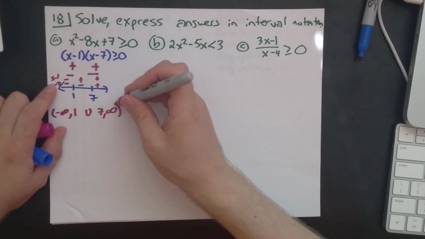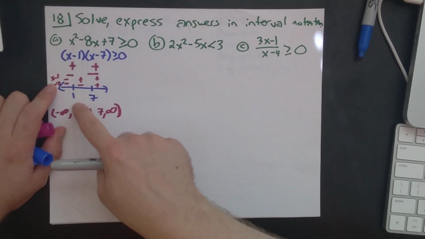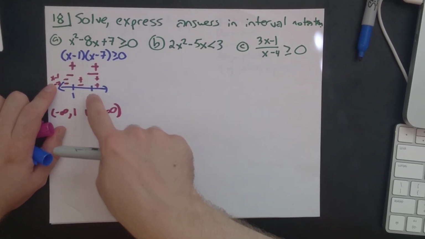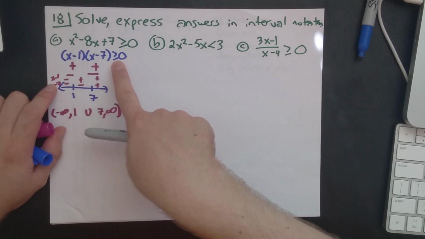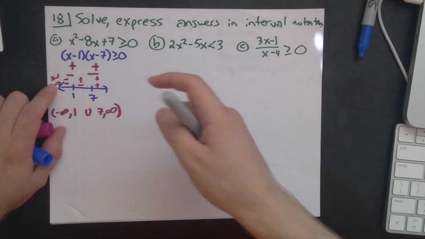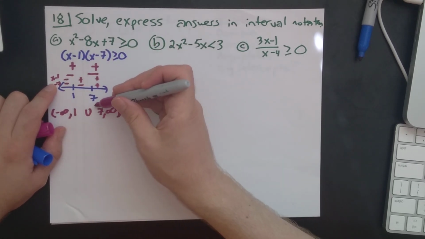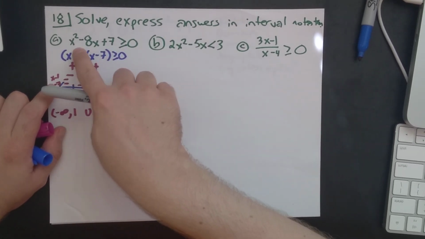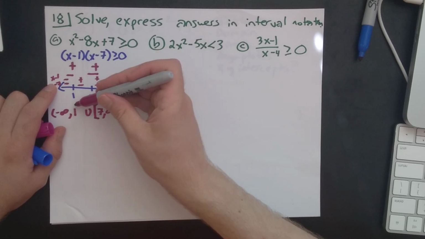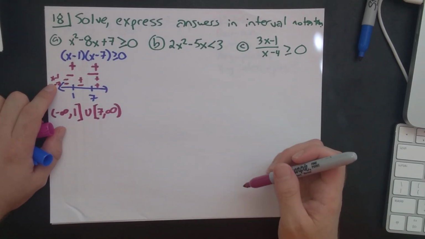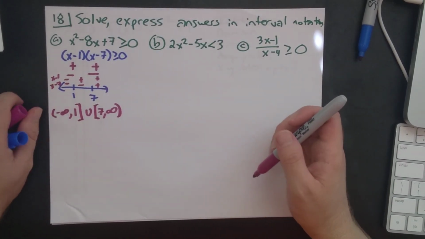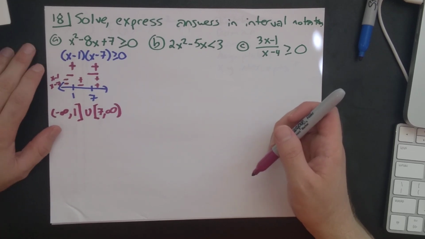Now you notice here I've intentionally left off putting the brackets here yet, because we just have to check this is a greater than or equal to. When x is 7, the left side is 0, and that satisfies the inequality. When x is 1, this side is 0, and that also satisfies the inequality. So we include those inside these intervals.